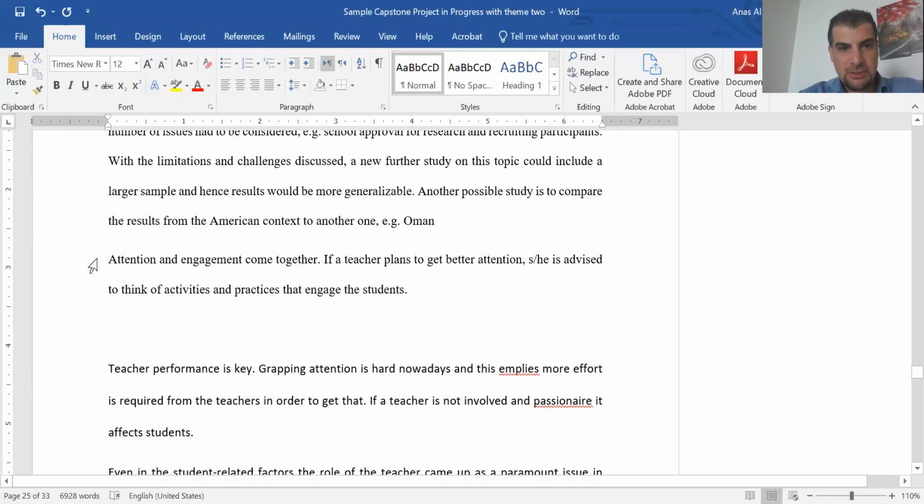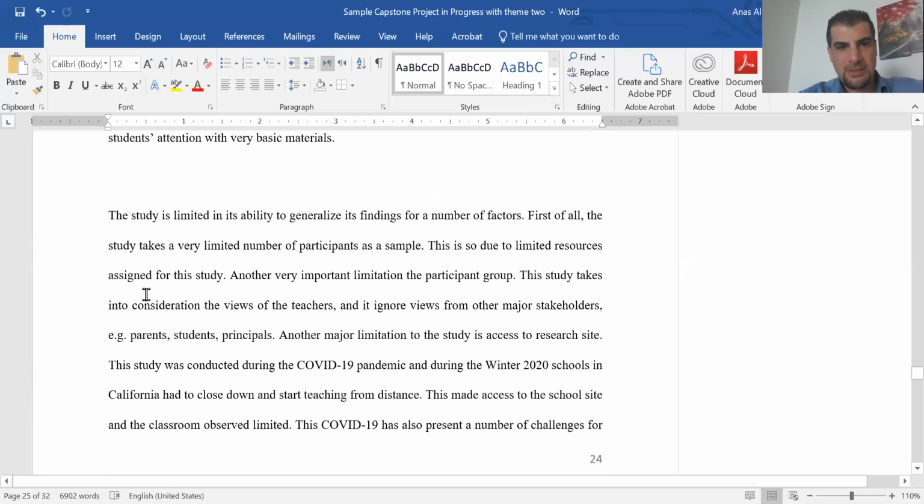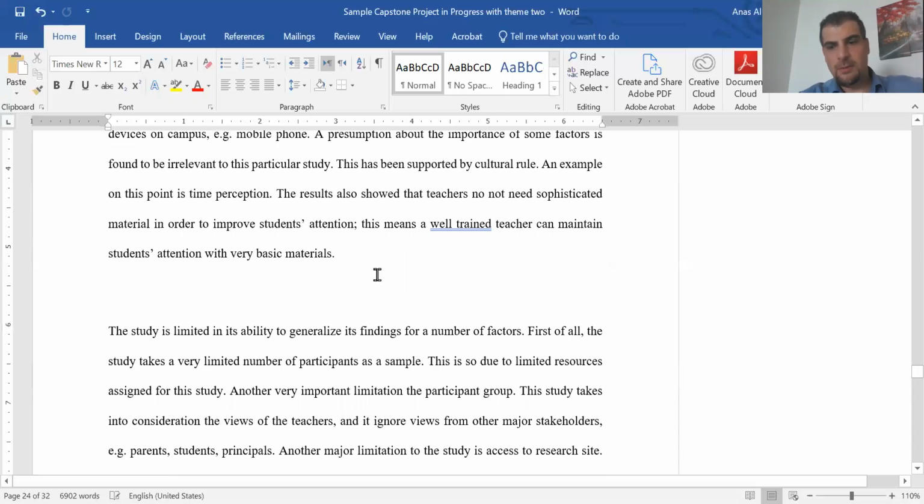"Attention and engagement come together. If a teacher plans to get better attention, he is advised to think of activities and practice that engage the students." Okay, I'll take it as it is. Cut, and I'll paste it somewhere, maybe here.